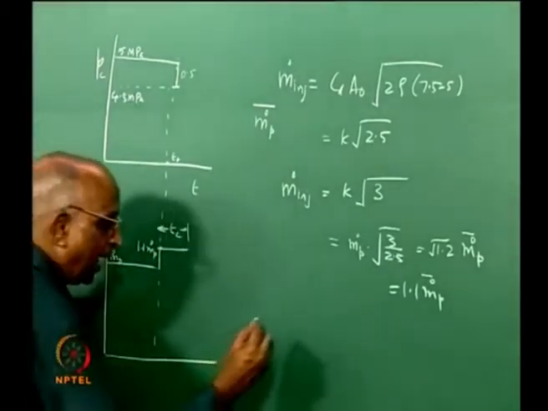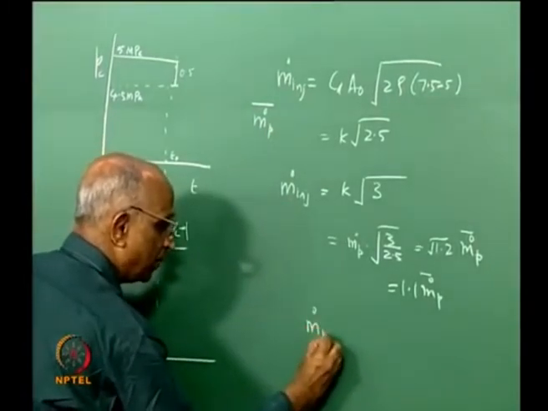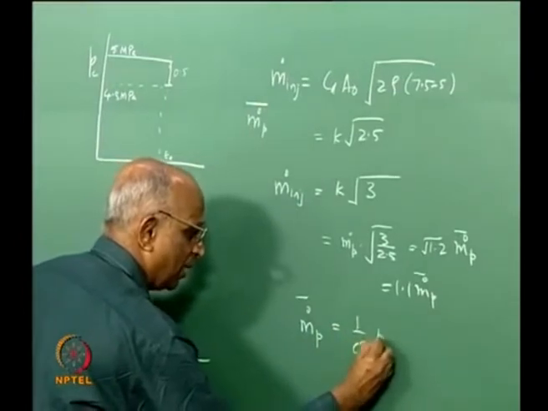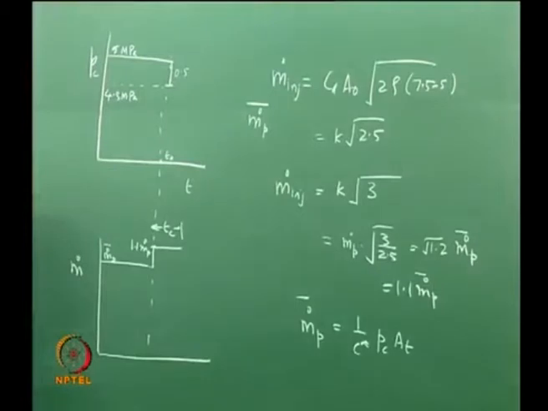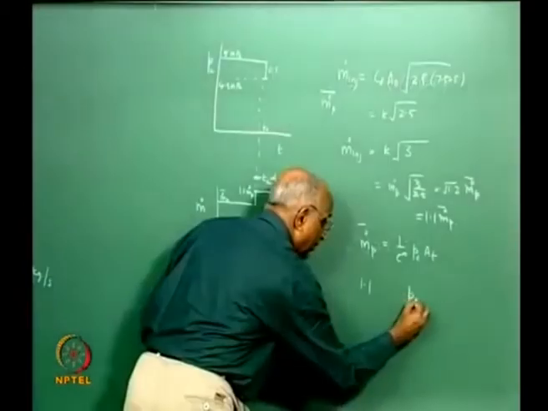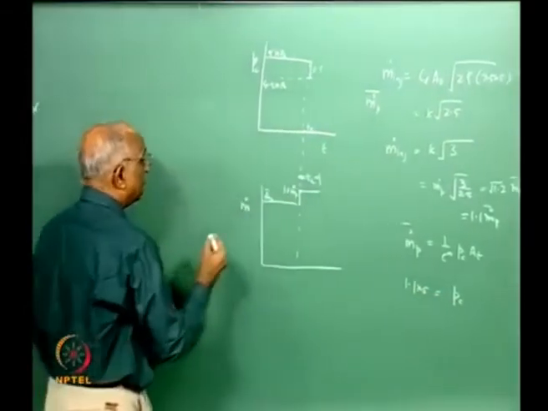Originally, when the nominal value was m dot p, I had the chamber pressure given by 1 by C star into Pc into At. Now I get a value which is 1.1 times, so my chamber pressure will be 1.1 times the earlier value of 5.